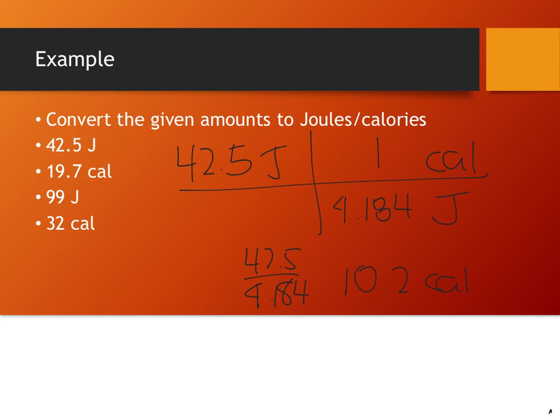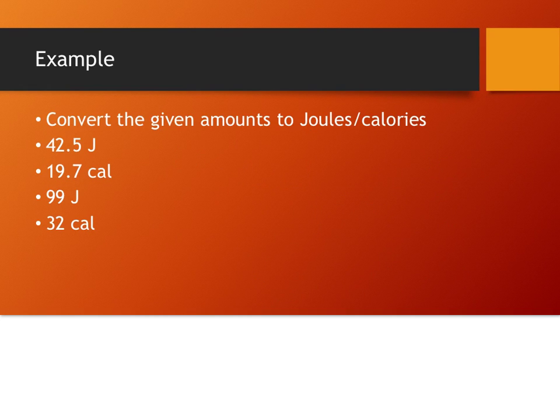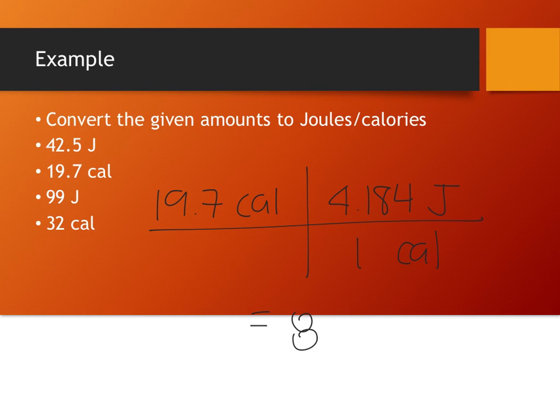And that's it. I'll actually show you the second one, just to give you a little bit more practice. They're not hard, but I have the answer here, so might as well work with it. The second one is 19.7 cal. We're going to joules, so 4.184 joules on top, 1 cal on bottom. Multiply that together, and you will get 82.4 joules.